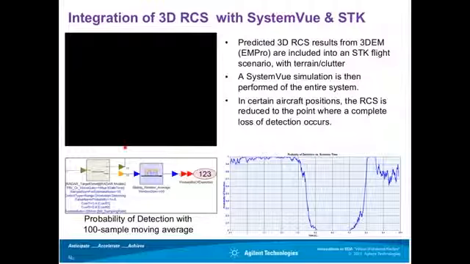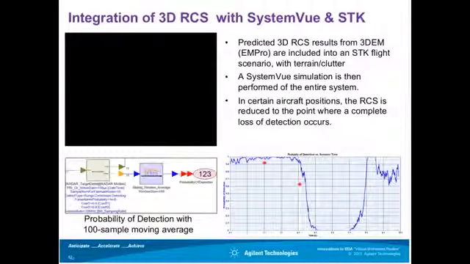But what this shows is the aircraft, and it goes through some tactical maneuvering. And as it goes through the maneuvering, we see as the aspect ratio changes, there are certain time segments. Across the x-axis is time, and the y-axis is probability of detection.